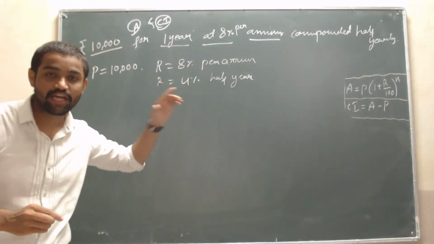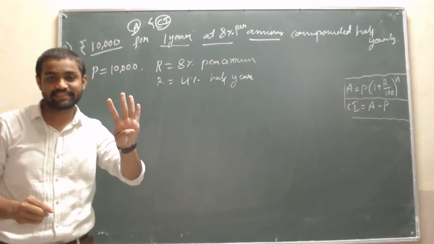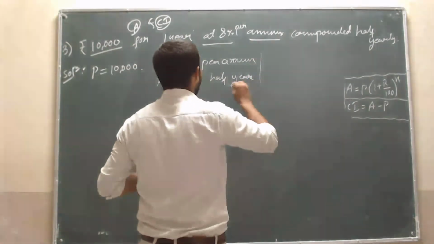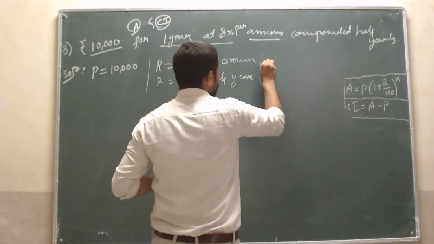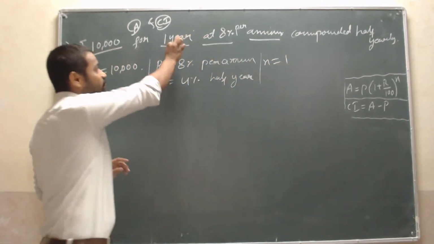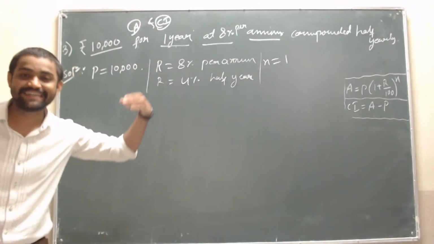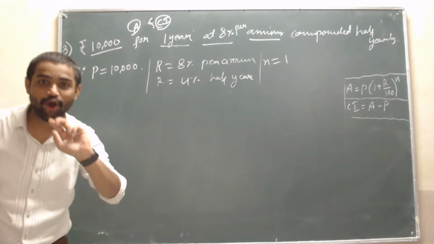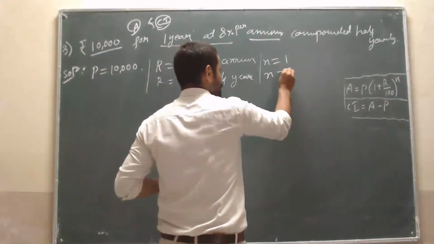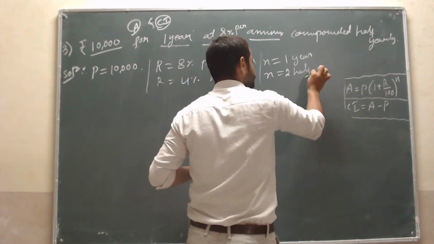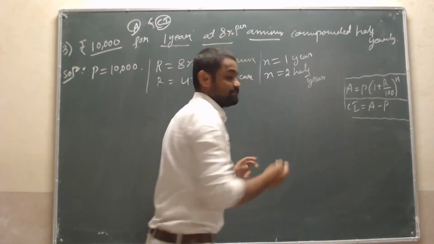Yearly 8%, then for half year how much, sir? 4. Isn't it? Then this is clear. Okay, what about n value? So n is equal to 1. He has given for only 1 year. Here we have to convert that 1 year to 2 half years. 1 year is equal to 2 half years.